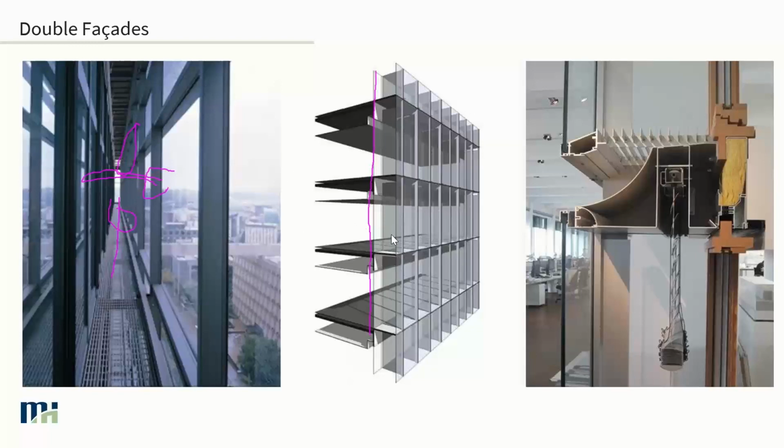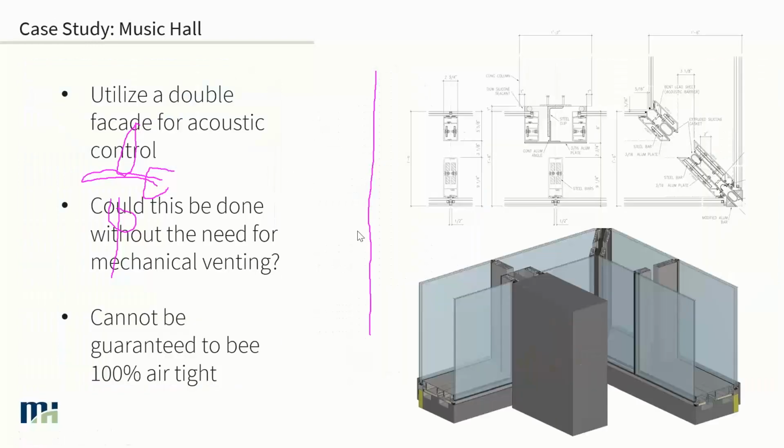Now, we had a project that wanted to take a look at how they could create this double skin facade, but not necessarily avoid the mechanical venting between the spaces. The intent here was to use it for a music hall.